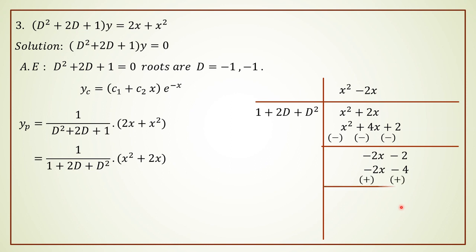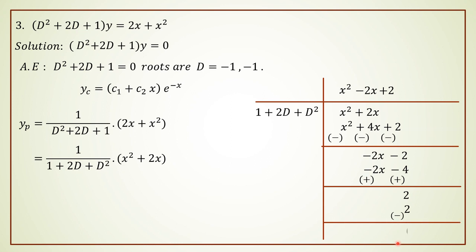Change the sign so that you are going to get the value to be 4 minus 2, that is 2. So the next term in the quotient should be 2 over here. So 1 into 2, that is 2. 2 into differentiation of 2, that is 0, and d square of 2 is also 0. So you have just 2 over here.